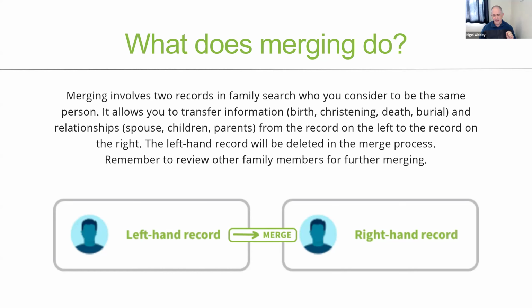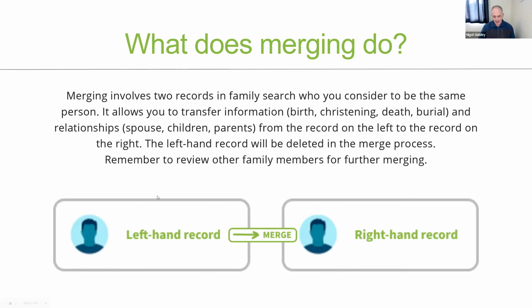So think of it as personal information and then relationships, and relationships you move from the record on the left to the record on the right. The left-hand record will be deleted in the merge process. It's actually just flagged or marked as deleted in the computer system so that you can restore it if you made a mistake.